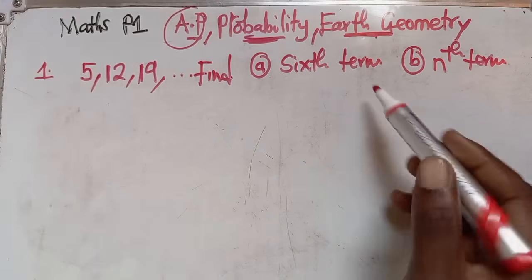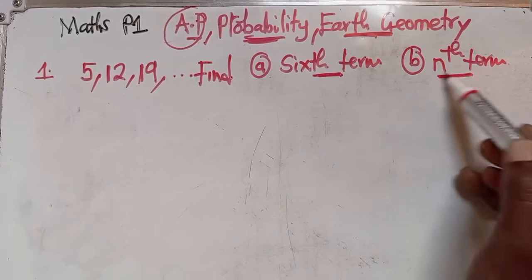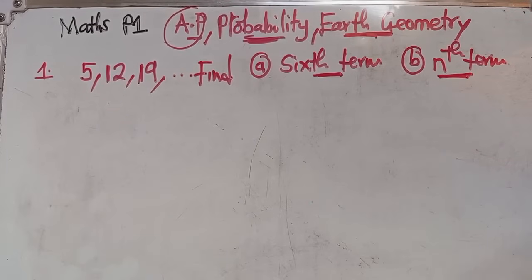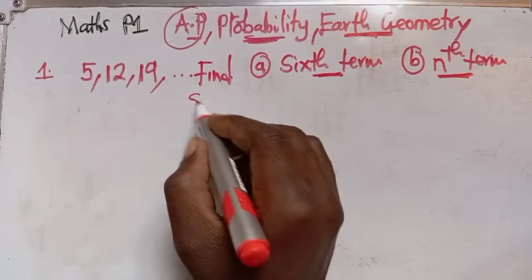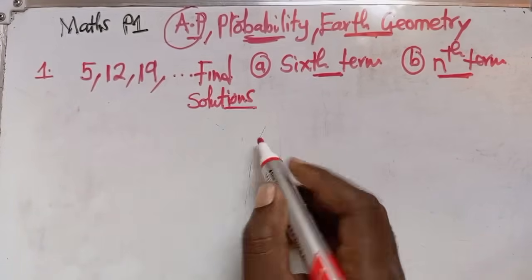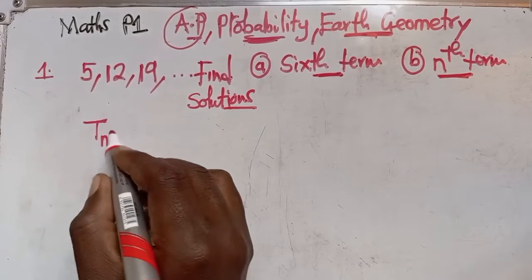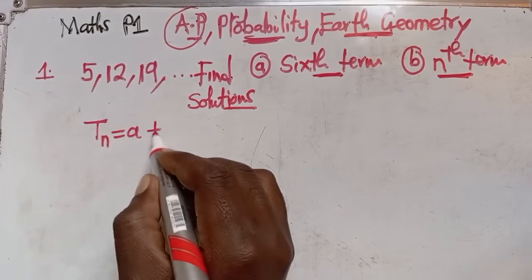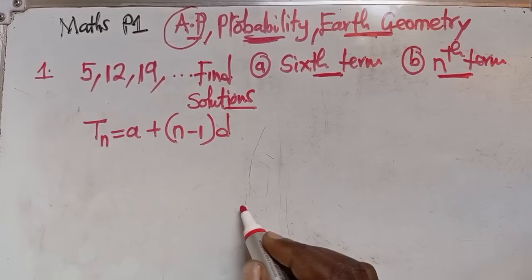Starting with the sixth term, we are talking about terms here, so the formula we are going to use is the formula for the nth term. What is that particular formula? You say solutions. Straight away you jump into the question. Sixth term. The formula is Tn = a + (n - 1)d.